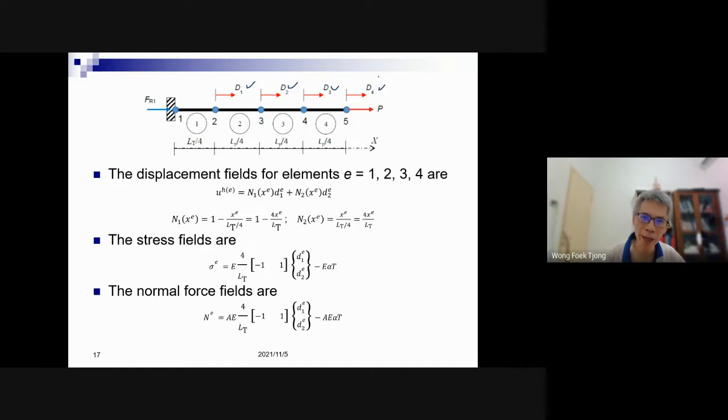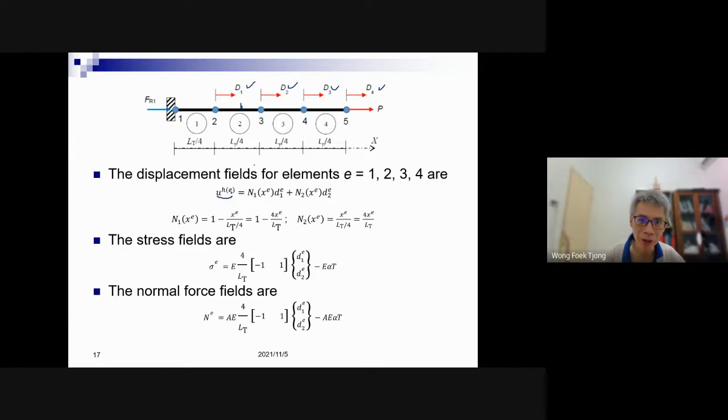But if I want to know the displacement here from the finite element, what should we do? Interpolation, right? Because we know the displacement at any point on each element, so this, for example, this one on element 2, is given by the shape function on element 2, of course.